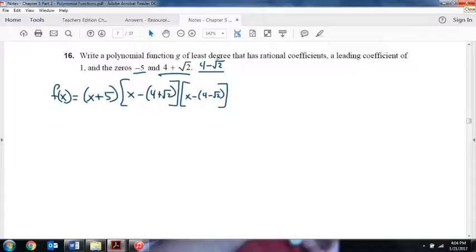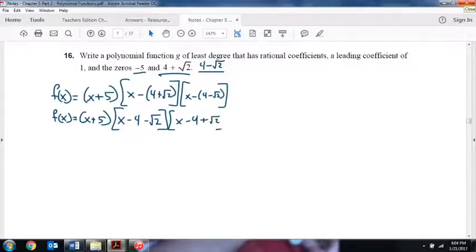And then we're going to reorder that, undo the perfect square and all the difference of squares and all that. So here we go, f of x equals x plus 5. So I've got x minus 4 minus the square root of 2, x minus 4 plus the square root of 2. And I'm going to group these two together, because now I have a difference of squares.